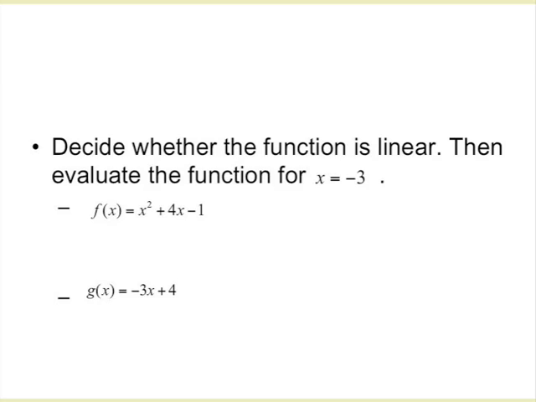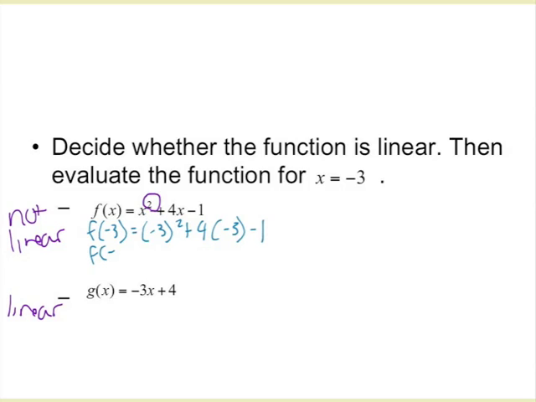For our last two here, in the first one, we see an x squared, which means it is not linear. In our second one, we have a plain x, so that means it is linear. Then in this one, we're going to plug in a negative 3. So we replace all of the x's with negative 3's.